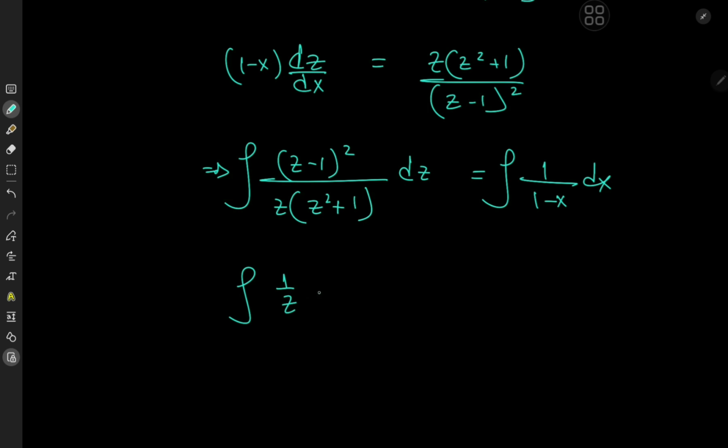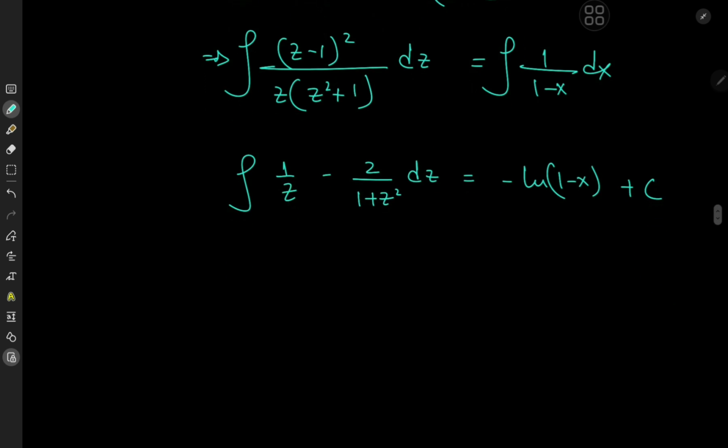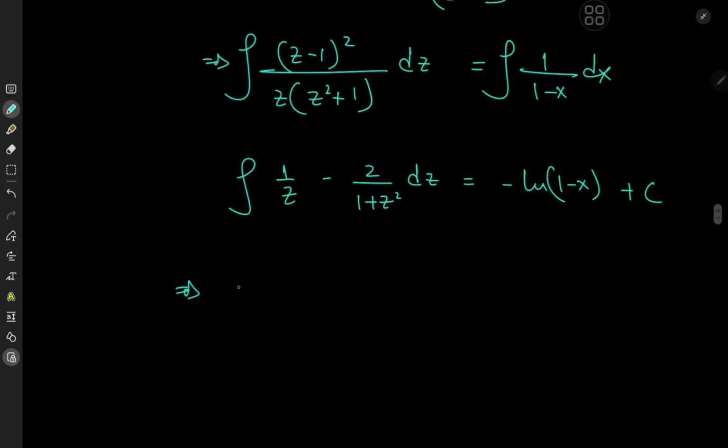We have 1 by z minus 2 divided by 1 plus z squared dz, and on the right-hand side, we have negative log 1 minus x, plus a constant of integration, of course. So this implies that we have log z minus twice the inverse tangent of z equal to the negative of the logarithm of 1 minus x plus c.